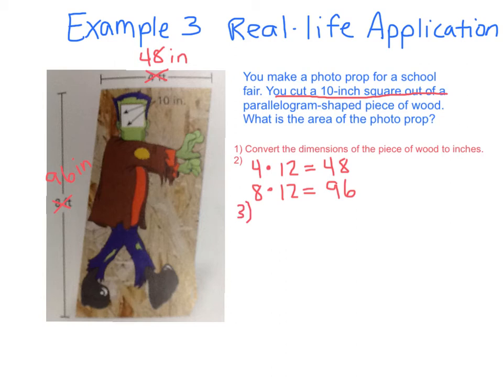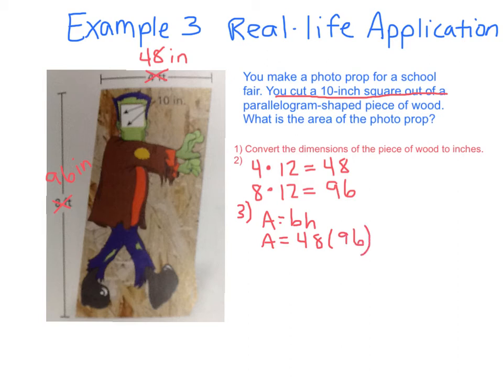So let's start off with the area of the wood. To find out the area of the wood, we have to use area equals base times height. We know that our base is 48 inches. So right here is what our base is, 48 inches, times our height, which is 96 inches.